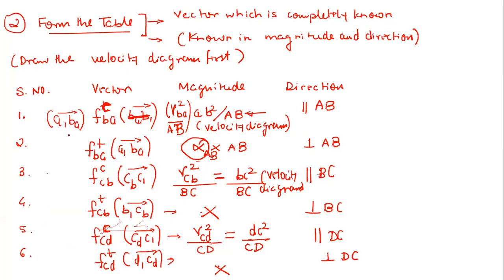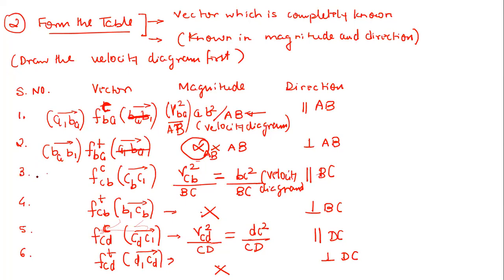This is actually very easy to guess, because the centripetal acceleration is always directed from B towards A, since we are checking the centripetal acceleration of point B relative to A. We know the centripetal acceleration is always directed towards the center. So that's why it will be denoted as the a1 ba vector. And this vector FBA tangential will be the ba b' vector. So the tangential vector consists of the same letters, correct?